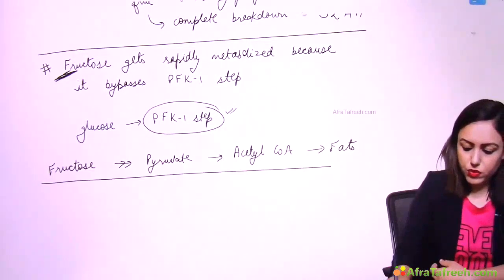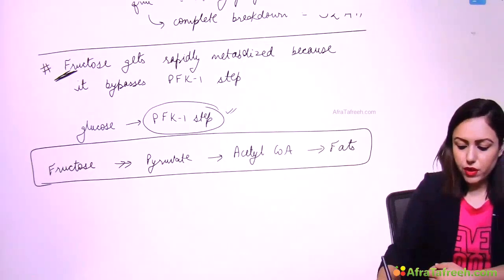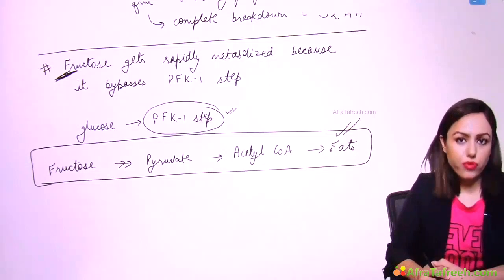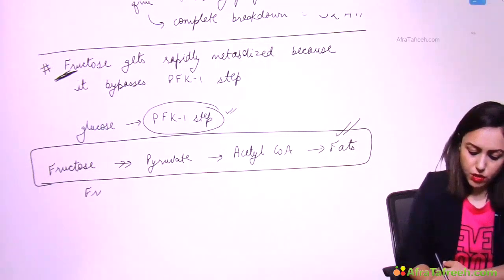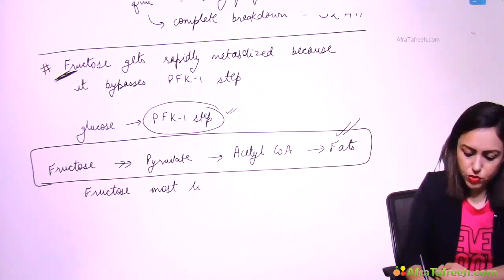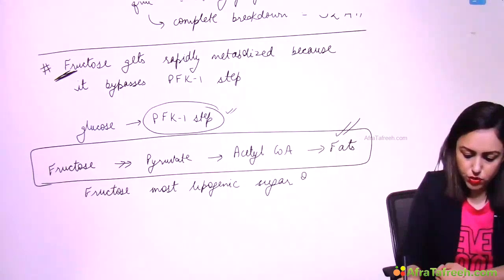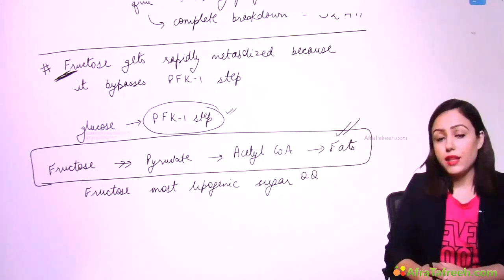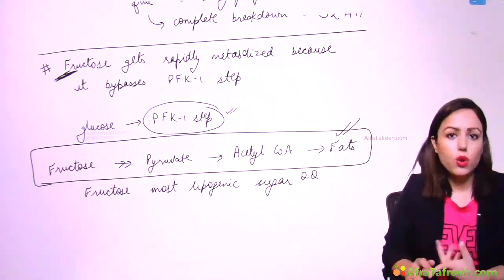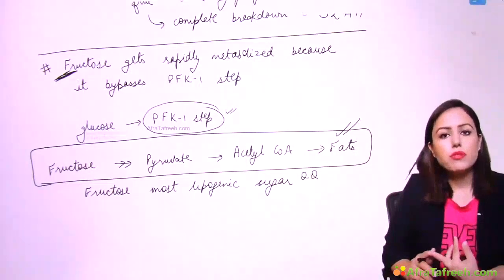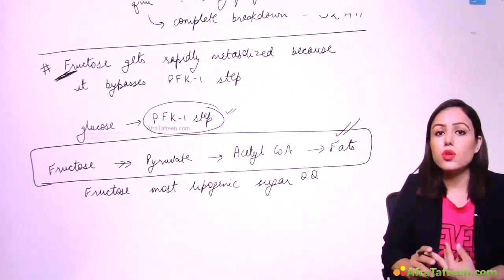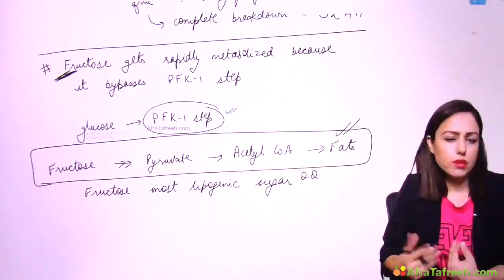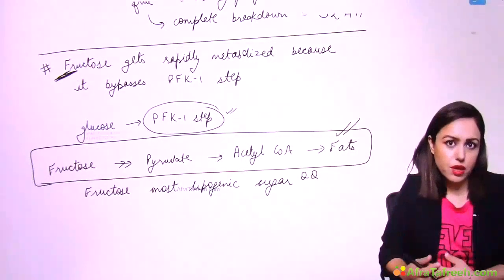So fructose will be rapidly metabolized, and rapidly converted to fats in the body. So therefore fructose is considered the most lipogenic sugar, right? And therefore honey or more of fruit juices will increase weight. Okay, so they are not recommended during weight reduction therapies, right?